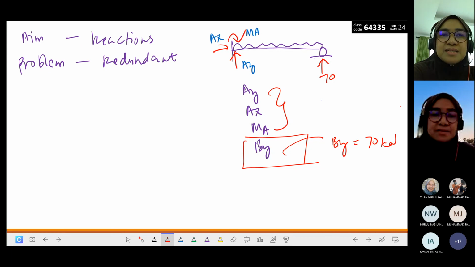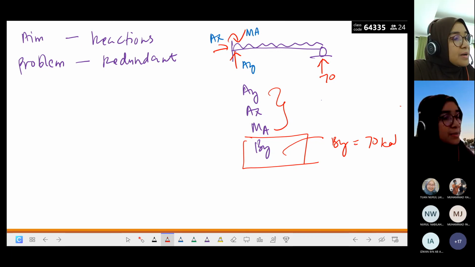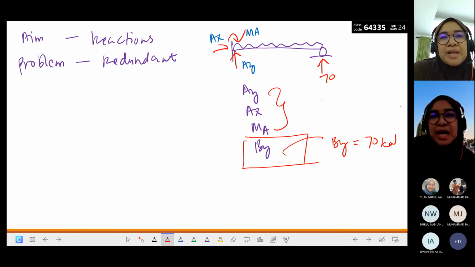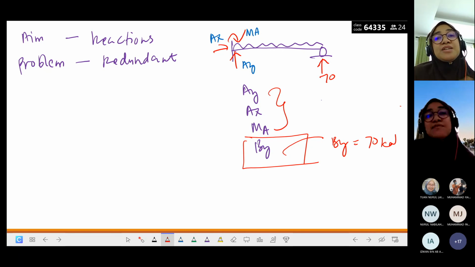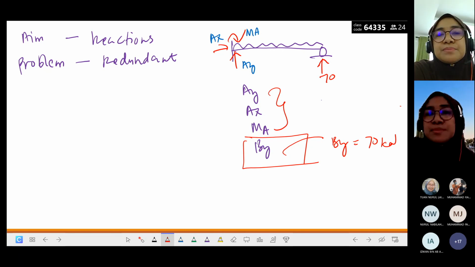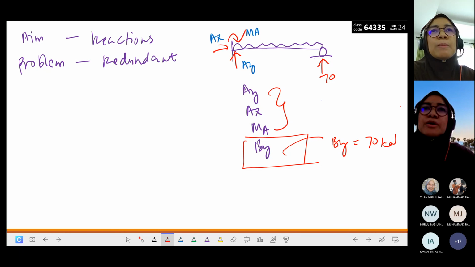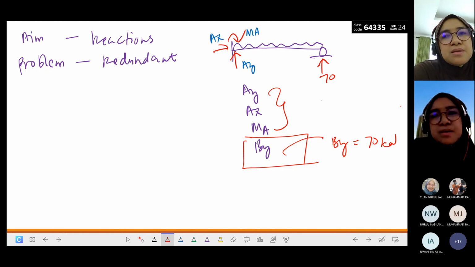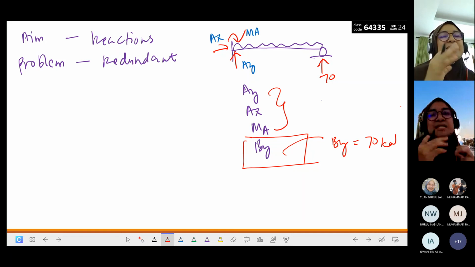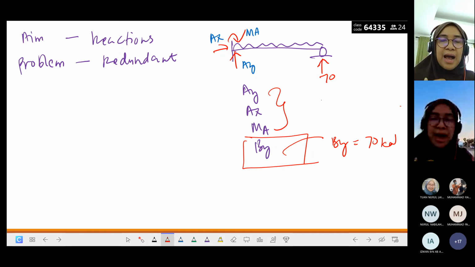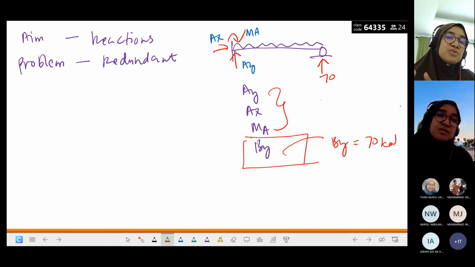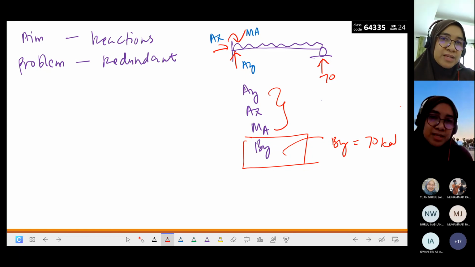So the idea is this: the redundant is the problem, so the problem must be solved first. In order to achieve your aim, you have to solve the problem. If you cannot solve the problem, you cannot achieve your aim. So you have to have that imagination. I use the flexibility method whenever I cannot use equilibrium equation to solve for the reaction.